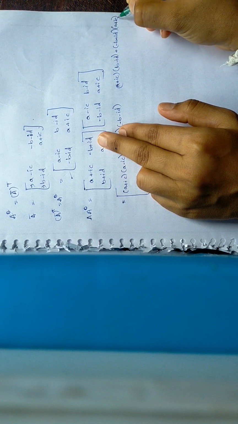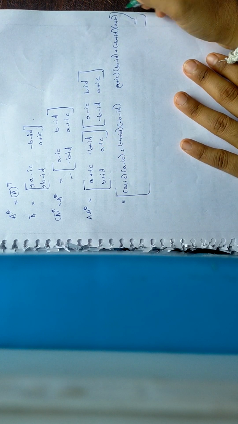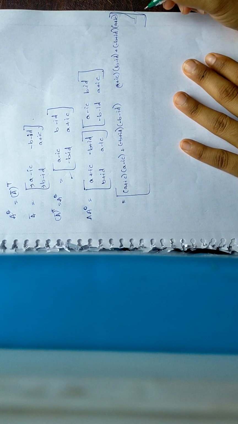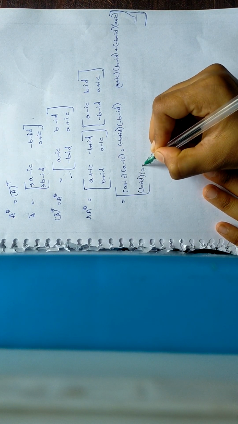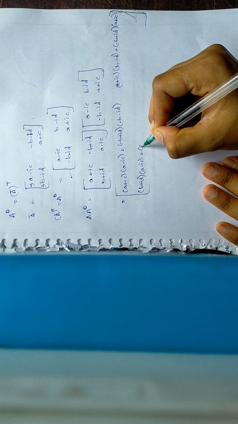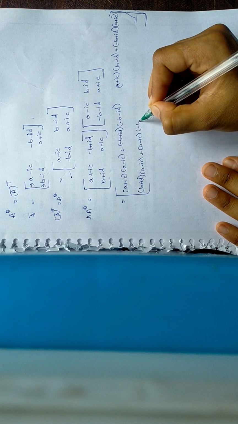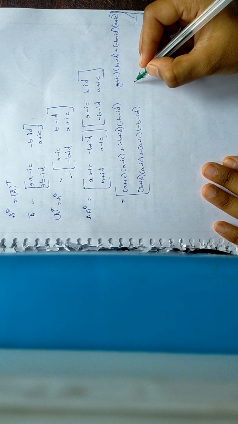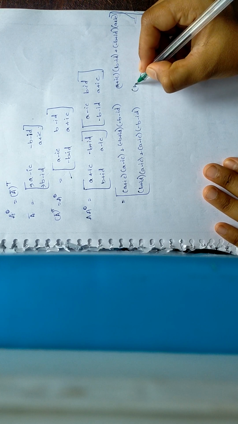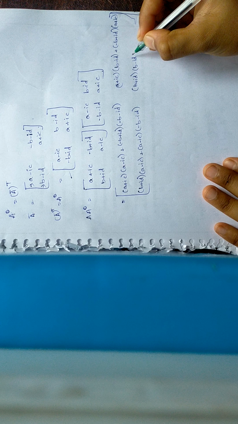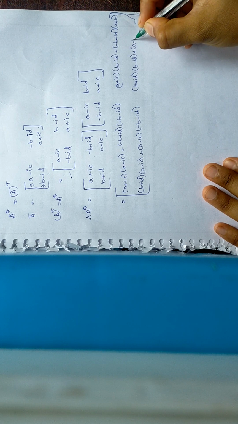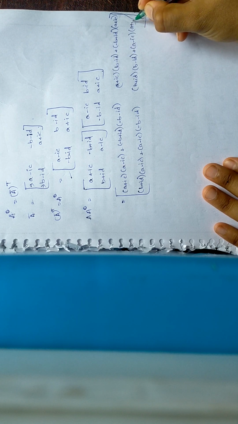I hope you all know how to multiply the matrices, because in the previous video we solved many problems. Next, B plus iD into A minus iC plus A minus iC into minus B minus iD, and B plus iD into B minus iD plus A minus iC into A plus iC.